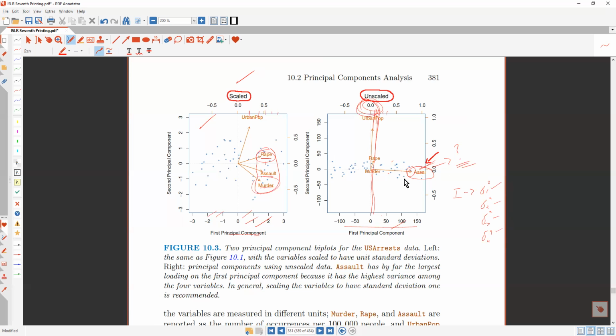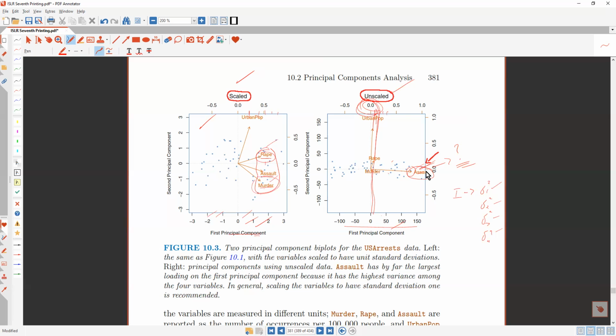Therefore, when you do the PCA on the unscaled data, this variable is dominating, not because it's that dominant of a variable, because look, when you scale it, it's really not that dominant. I mean, it's up there, but it's up there with rape and murder. Here it stands on its own, not because it's necessarily most important, but because it has a lot more variance than the other variables. The assault has a lot more raw score variance than the other variables, therefore that's why it's dominating.